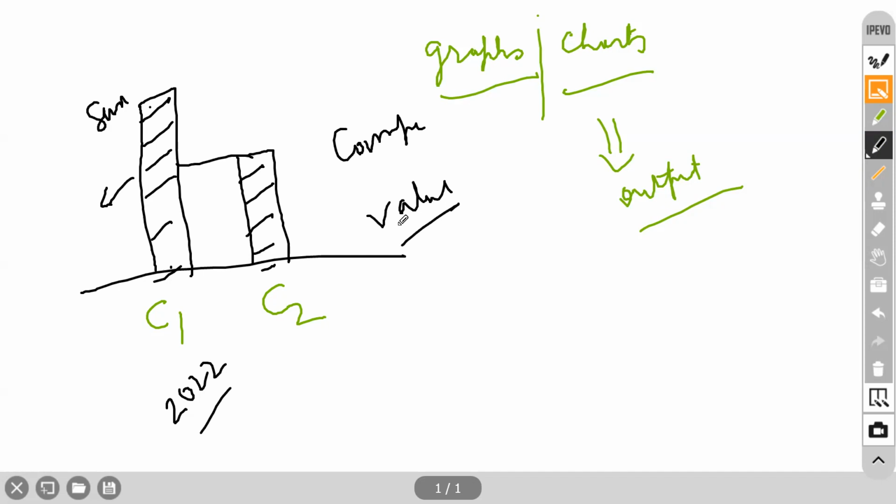More than that, there are a lot of things. Dashboards are created, and there are many visualization tools, like your BI tools, business intelligence tools, like Power BI, Tableau. You must have heard of that. So not only does it represent the data, the descriptive part of what has happened, it also provides how one variable leads to a change in another variable, how variables are related to each other.